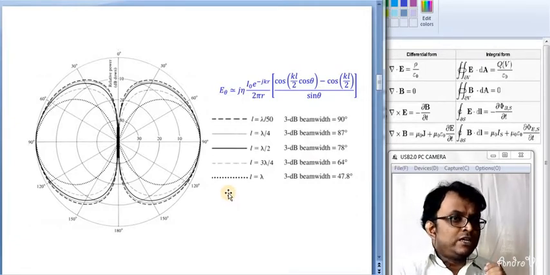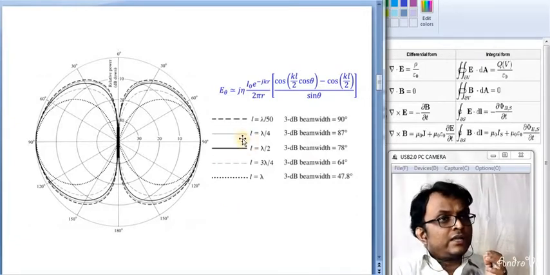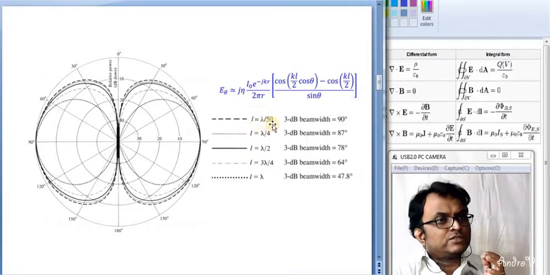In the case of an infinitesimal small antenna, lambda by 10 is a very small antenna.